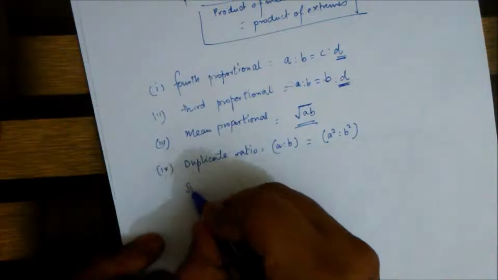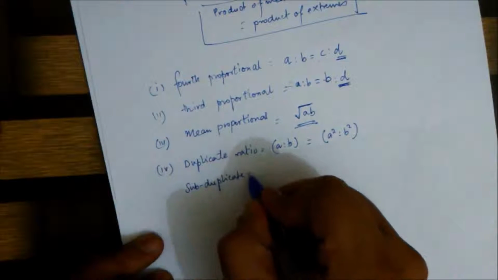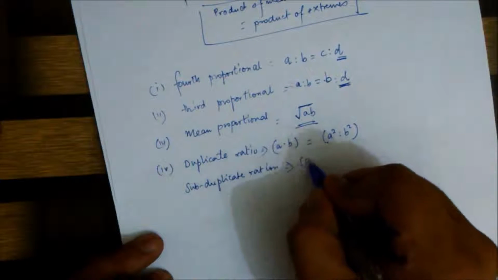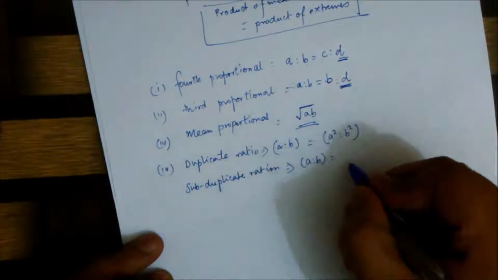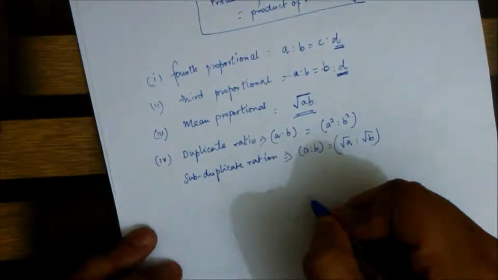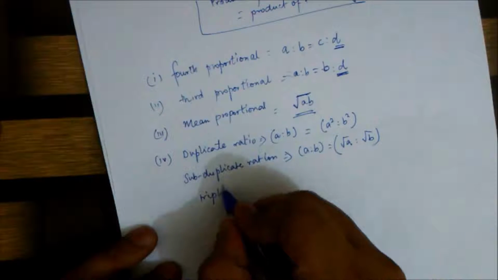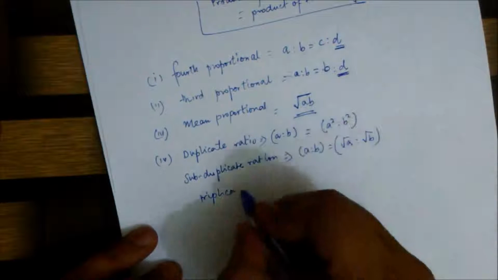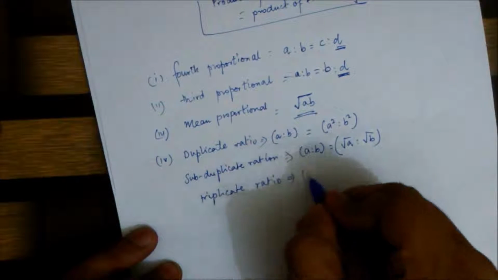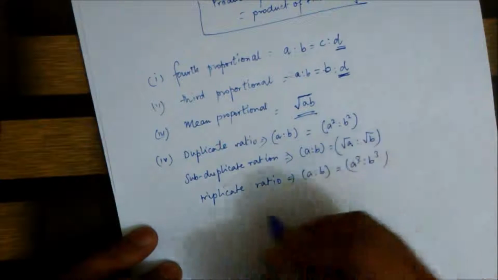Similarly, we have subduplicate ratio, and the subduplicate ratio for A is to B will be equal to root over A is to root over B. Similarly, we have triplicate ratio, which for A is to B will be A cube is to B cube.